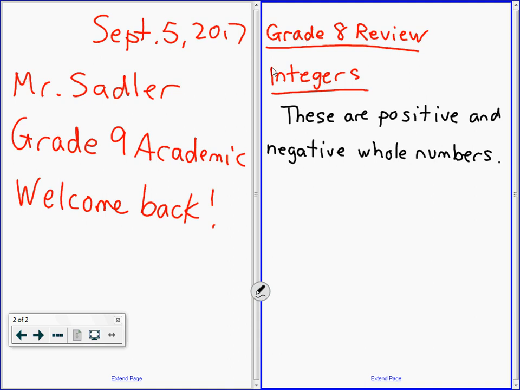And we'll say negatives are opposites. So negative 4 is the opposite of 4.